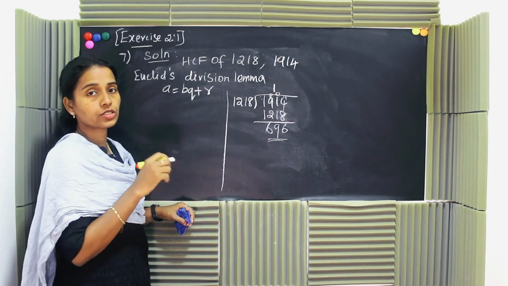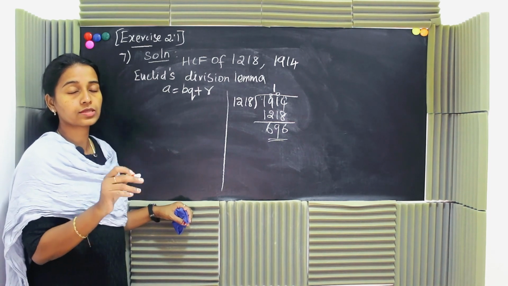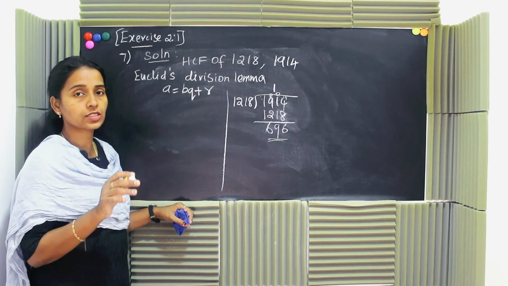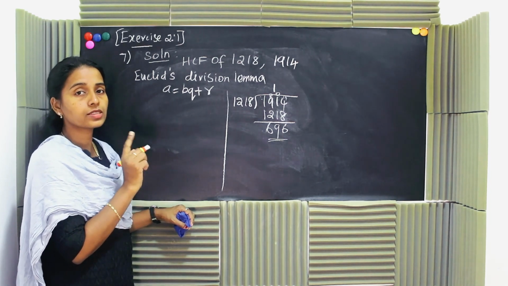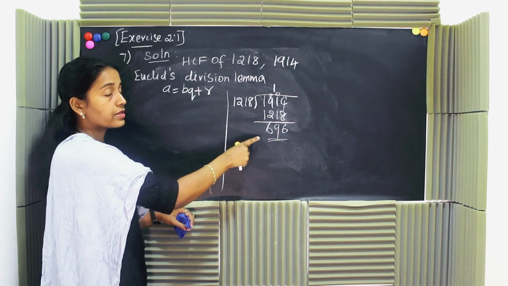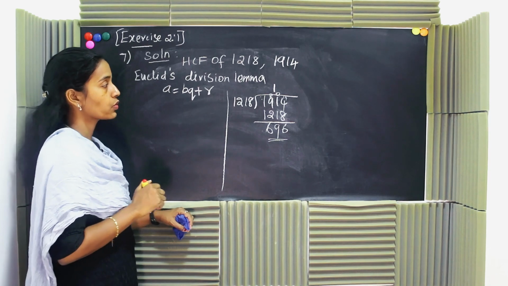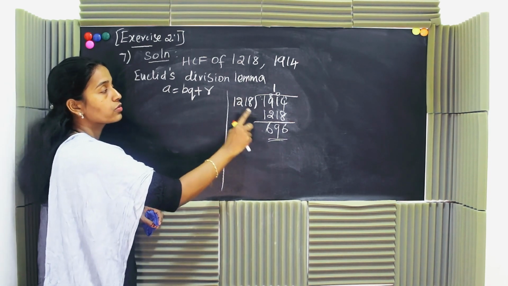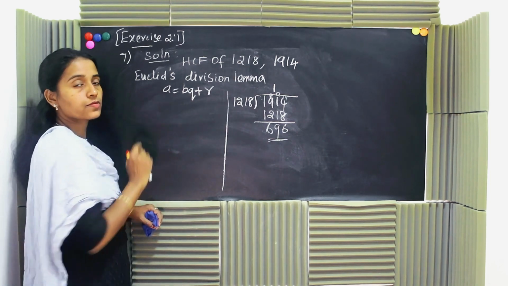So we have to continue the process until we reach the remainder as 0. That is the concept of Euclid's division algorithm. So I need to continue the division process. Why? Because my remainder is 696, right? So the next step is I have to apply all the values in this formula.